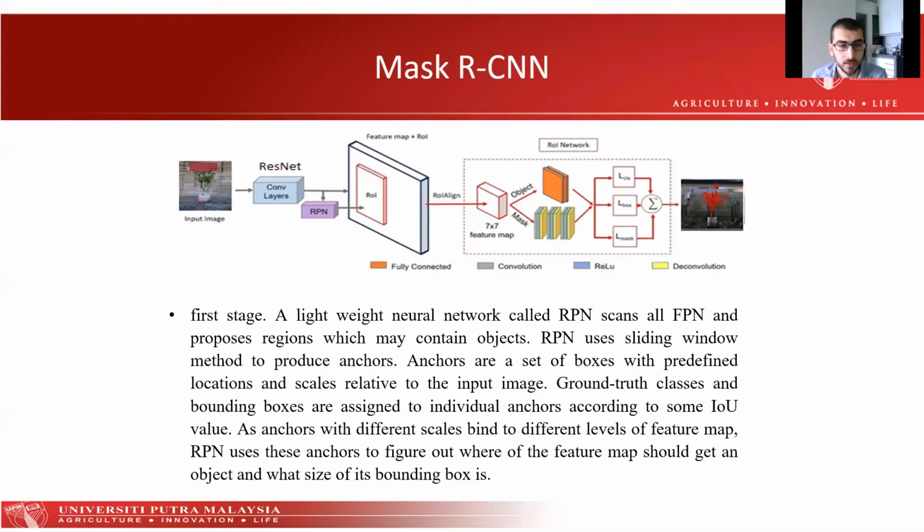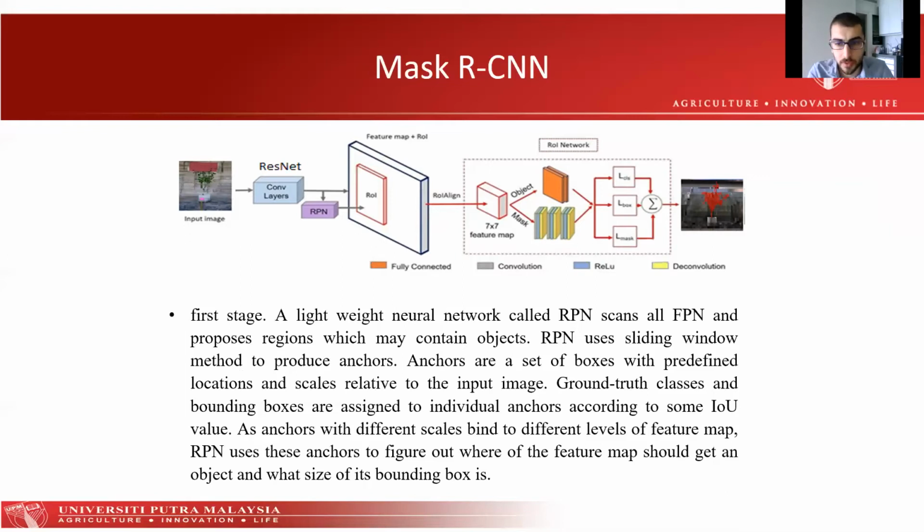The first stage is a lightweight neural network called the region proposal network. It scans the feature pyramid network and proposes regions which may contain objects. The RPN uses a sliding window method to produce anchors. Anchors are a set of boxes with predefined locations and scales relative to the input image.